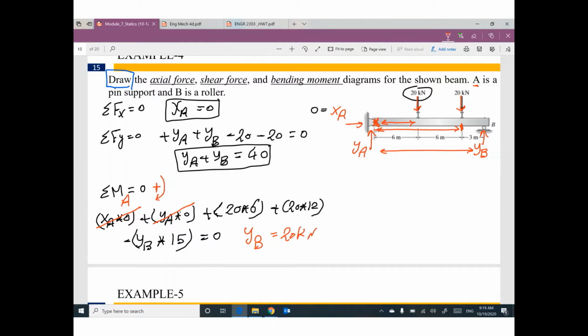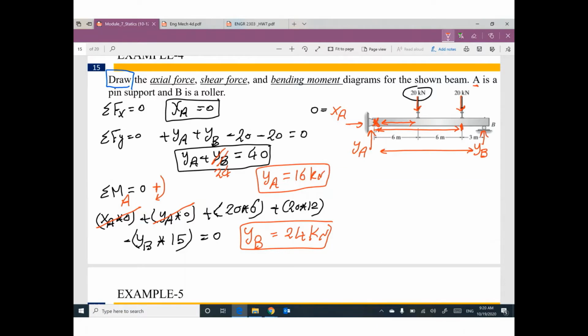No, I'm sorry, guys. No, it's not 20. 20 times 6 plus 20 times 12, divided by 15, is 24. If you go back here and put YB as 24, I can figure out the value of YA. It will be 16 kilonewton.